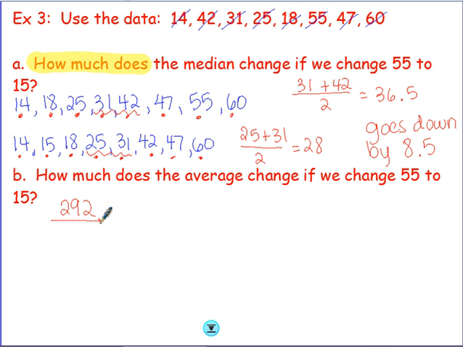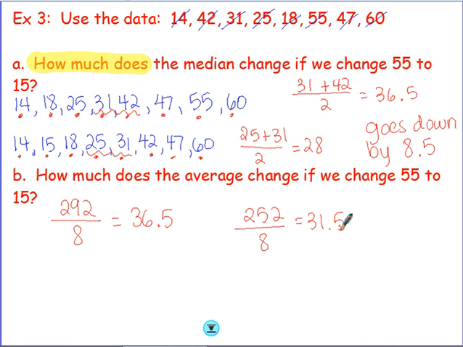We're going to divide that by 8 data values. We get 36.5. The second set of data, if we add up 14, 15, 18, 25, 31, 42, 47, and 60, we get 252. We're going to also divide that by 8, and we get 31.5.